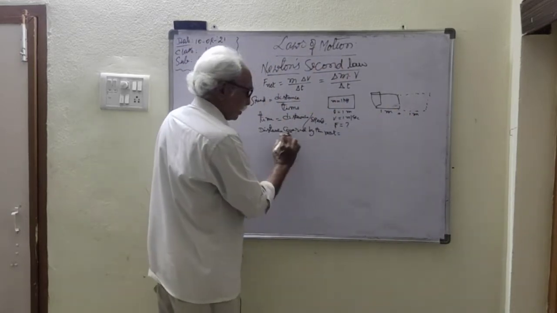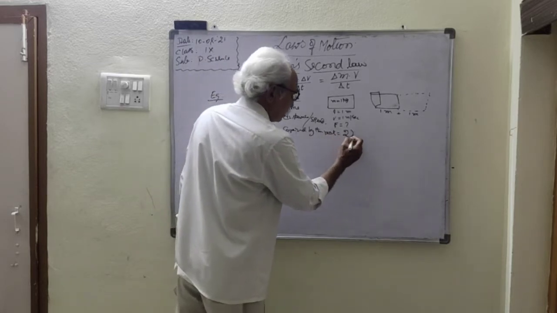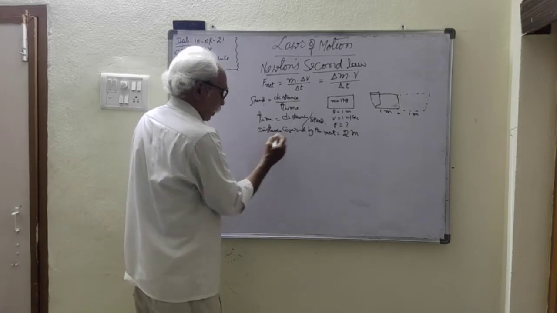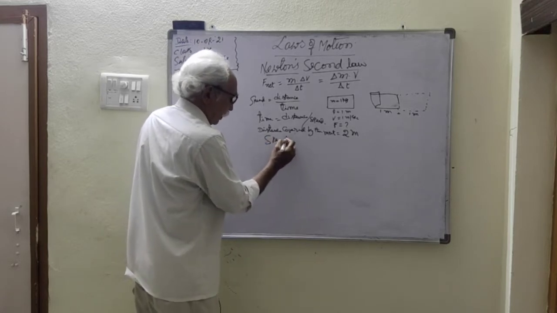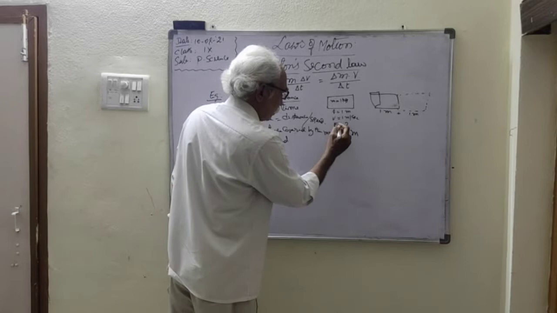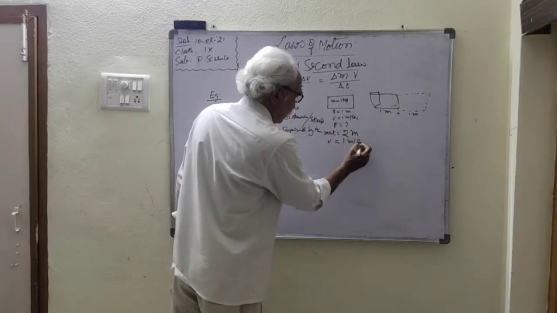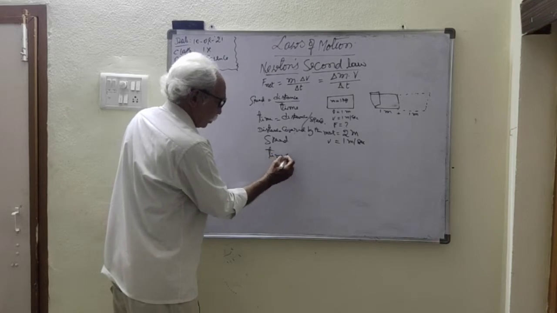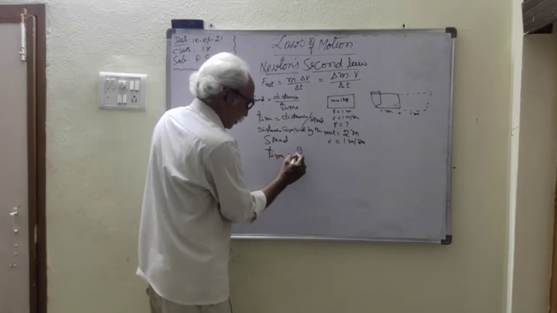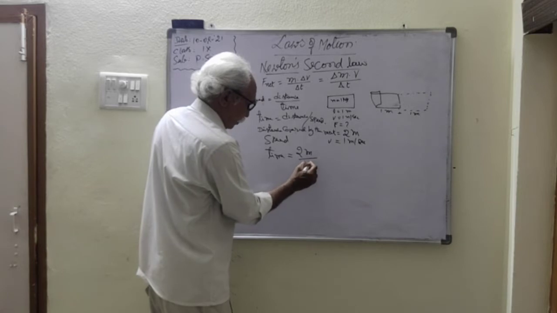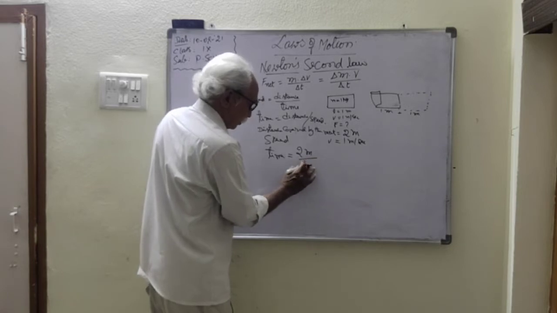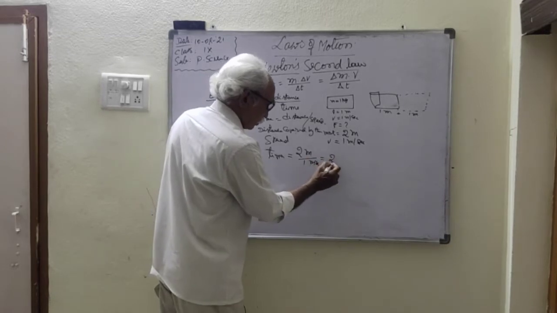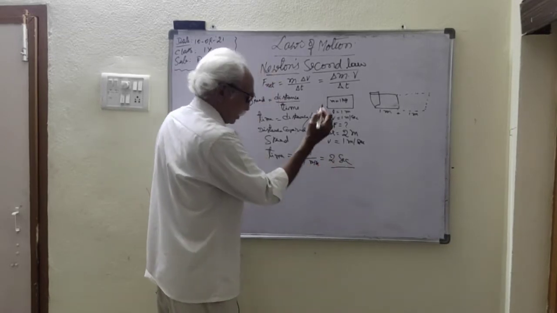So the distance covered by the mat is 2 meters. Speed we already know: speed is 1 meter per second. Then time is equal to distance by speed, 2 meters by 1 meter per second, which is equal to 2 seconds. This is the time.